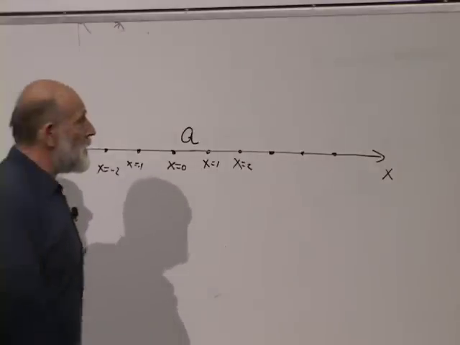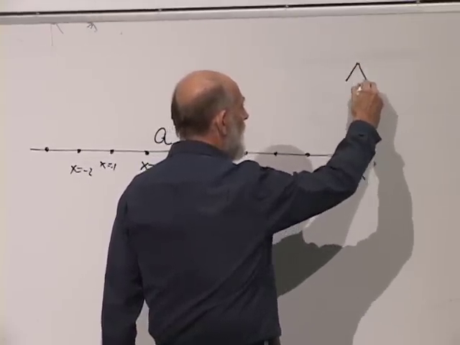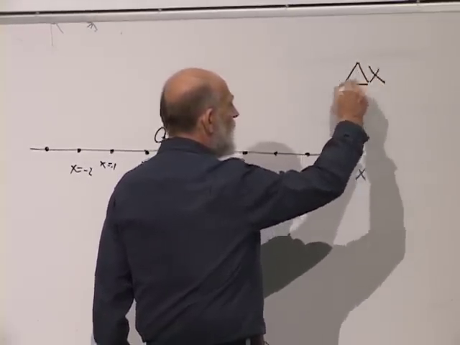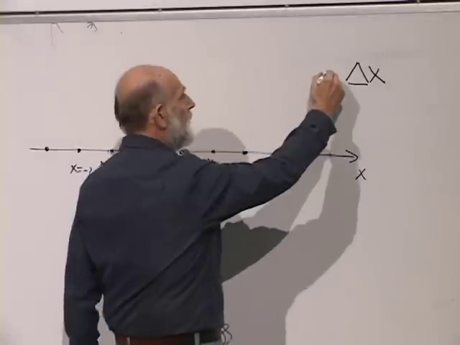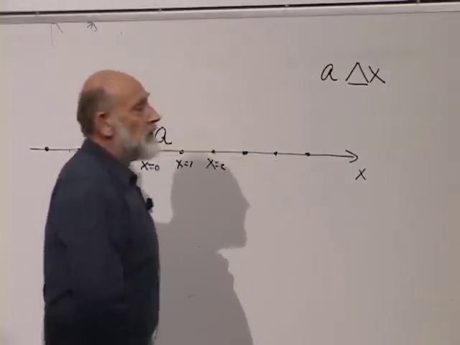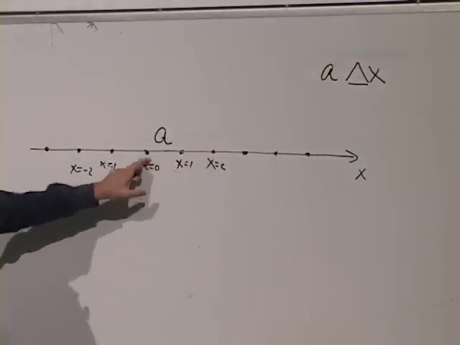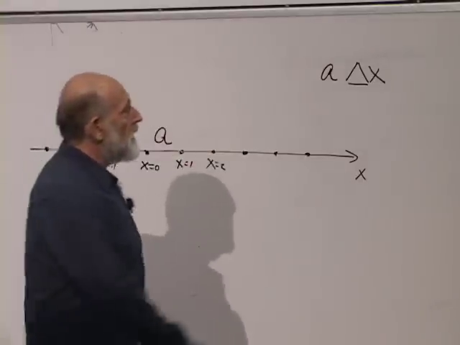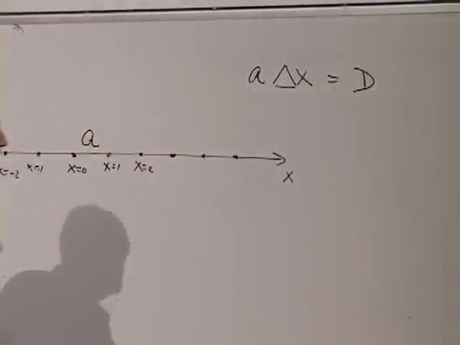In particular, the distance between any 2 points is just, let's call it delta x, that's the difference in x times a. A times the difference in x, if it's x equals 2 minus x equals 0, then it's 2a. This is the distance between any 2 galaxies.